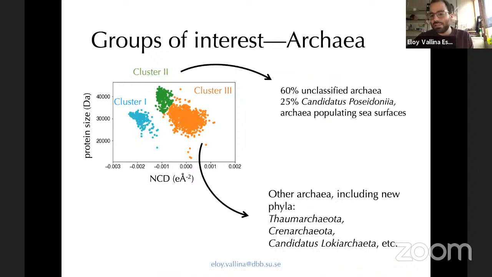The other two clusters are a bit more difficult to map, but cluster 2 turned out to be 60% unclassified archaea, which is quite surprising. These are slightly high in protein size, and 25% of the ones that are classified belong to the phylum Candidatus Poseidonia, which are archaea typically found in the sea surfaces.